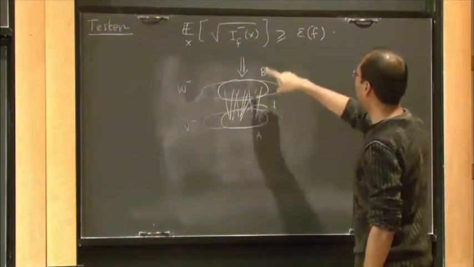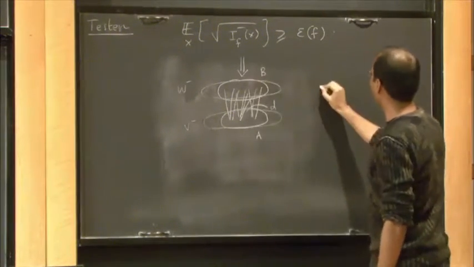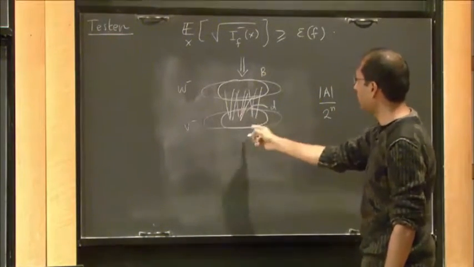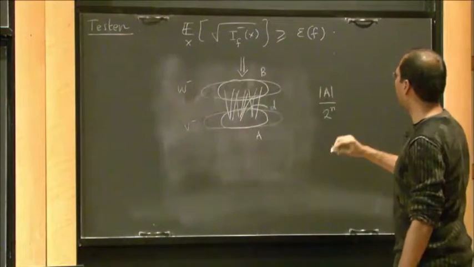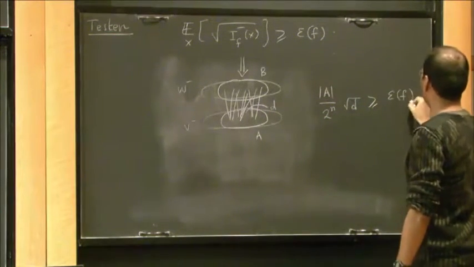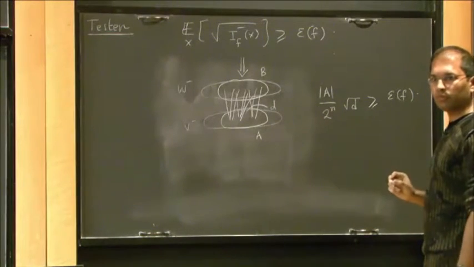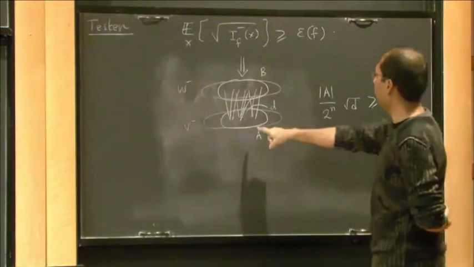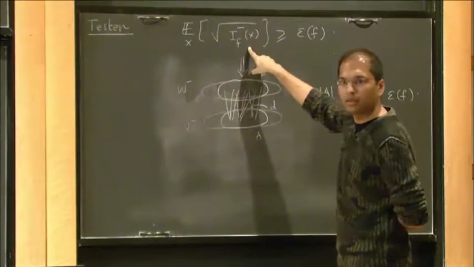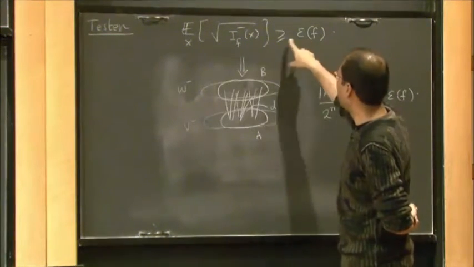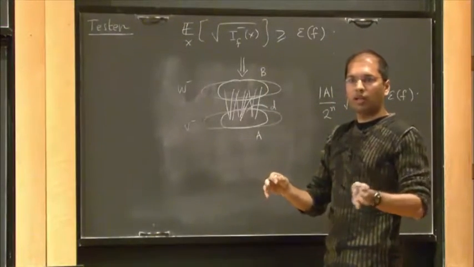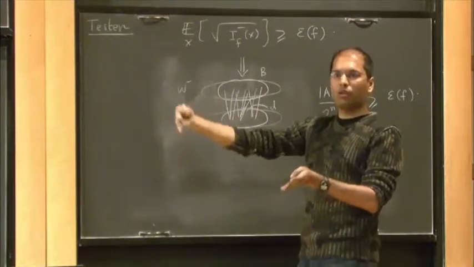Now, what does this inequality tell us? It tells us that there must be such a set A such that the size of A divided by 2 to the n, times root D, is at least epsilon of f. Why is this? Because you are taking an average over the square root of the degrees, and that's at least epsilon of f. Now the degrees you can bucket into degrees which are roughly 1, 2, 4, 8, and so on.